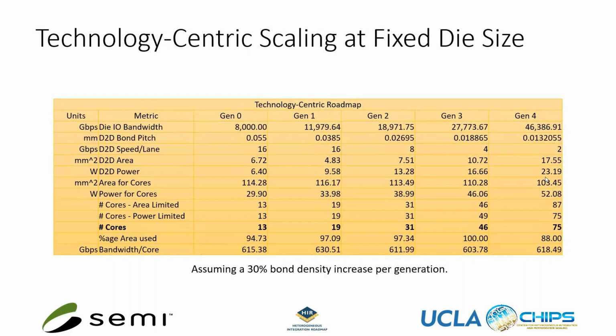But fundamentally, this gives you a trade-off. Roughly, you're still fairly area efficient. You're using most of the area of your die for cores or die-to-die interconnectivity, and you're maintaining architectural balance. Roughly, you're providing about 600 gigabits per core throughout this entire scaling, right?